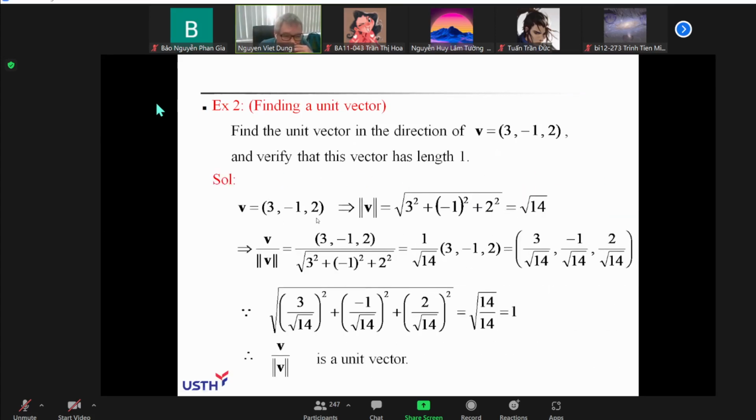Because v is like that, v has length square root of 14, so obviously it is not a unit vector. Then we normalize v by dividing v by its length. Finally, you get that vector, with everything divided by square root of 14. Then you can verify the new vector has length 1, so it is a unit vector in the direction of v.